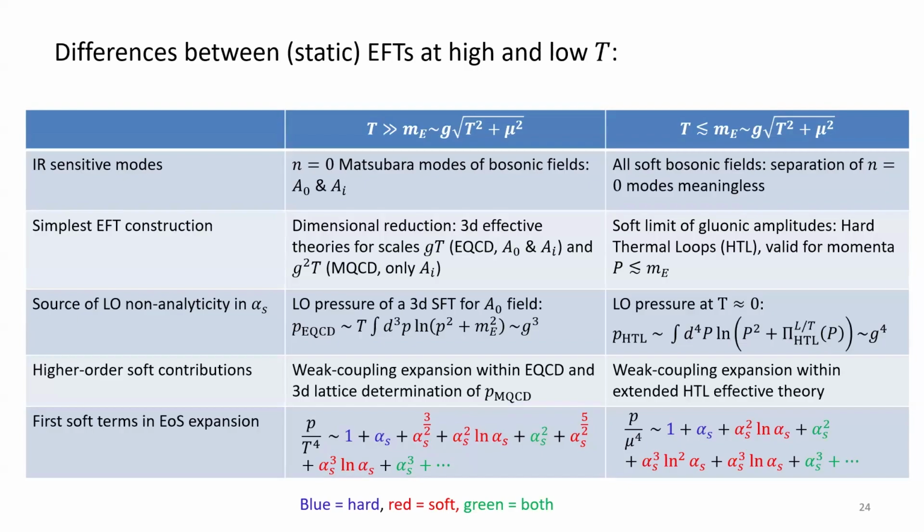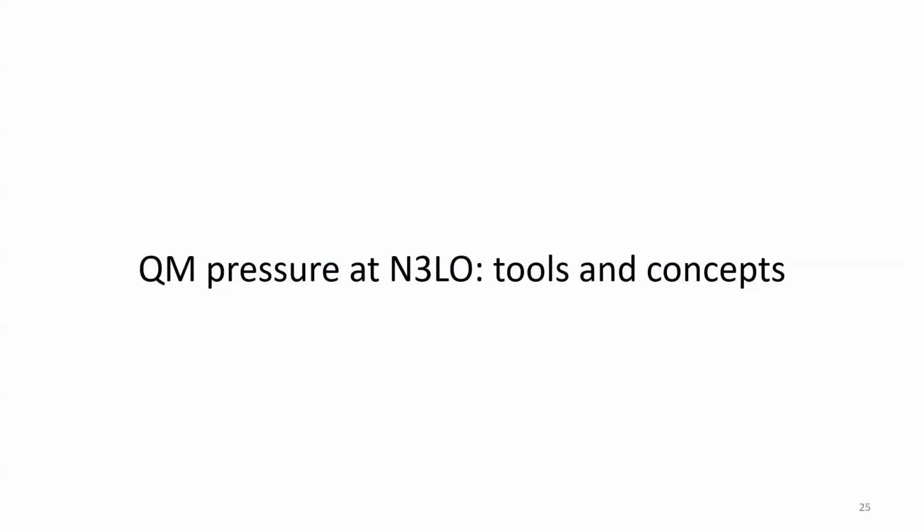Actually, Loïc Fernandez and Jean-Loïc Kneur were able to predict the coefficients of these so-called leading log terms, which are always of the form alpha_s to the power of n times log alpha_s to the power of n minus 1, to all orders from basically a renormalization group analysis of the hard thermal loop effective theory.